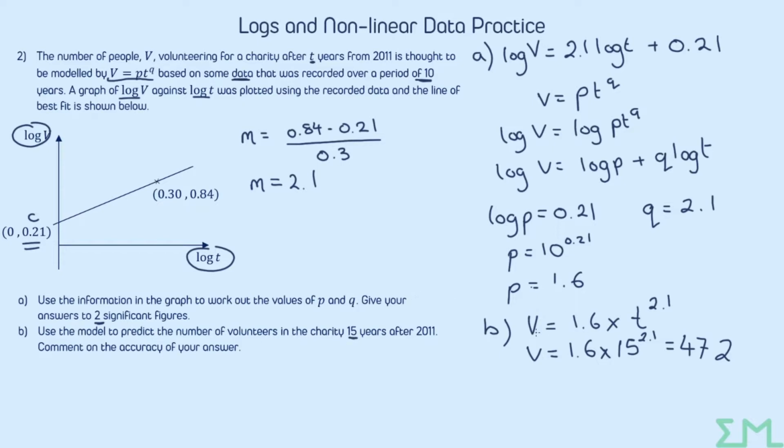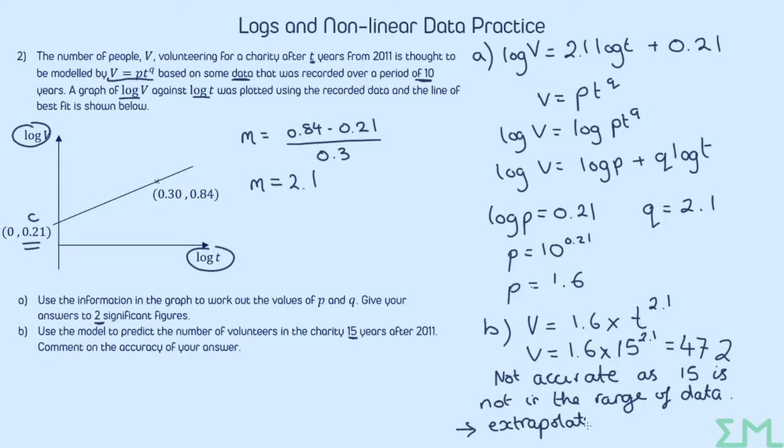So this is not in the range of data, so not accurate, as 15 is not in the range of data. And there's a posh word for this, which I'm also going to include in my answer. Extrapolation.